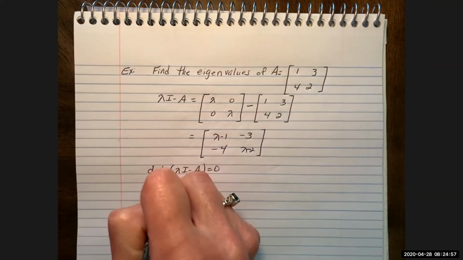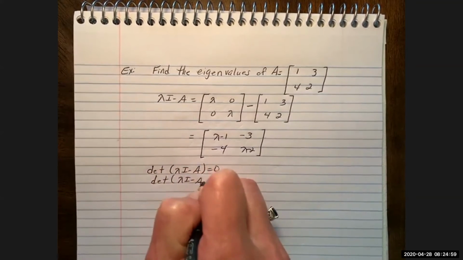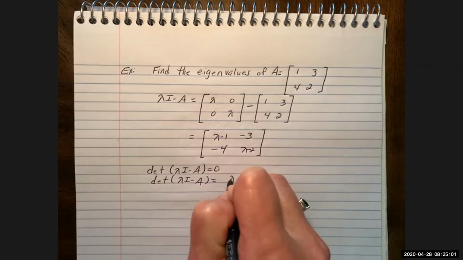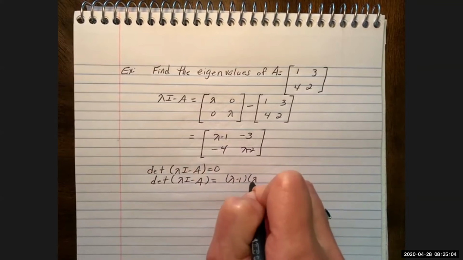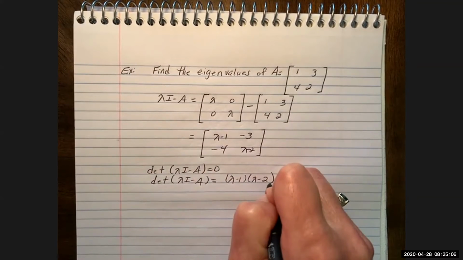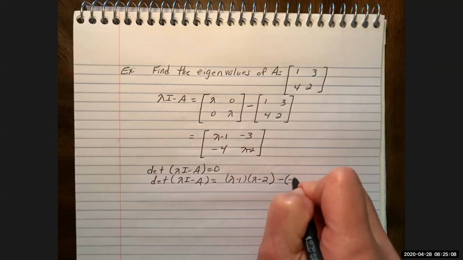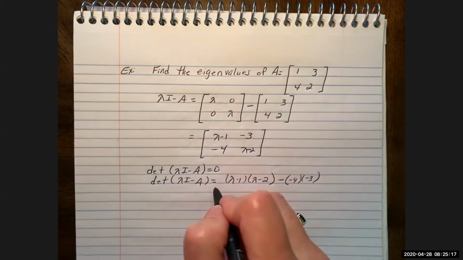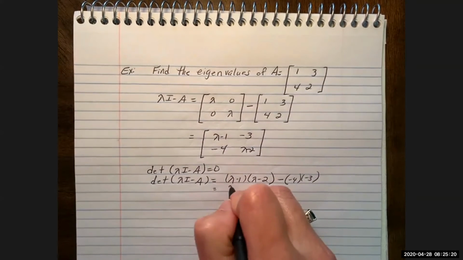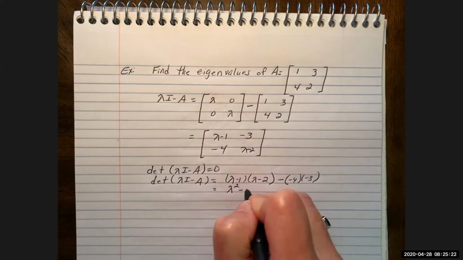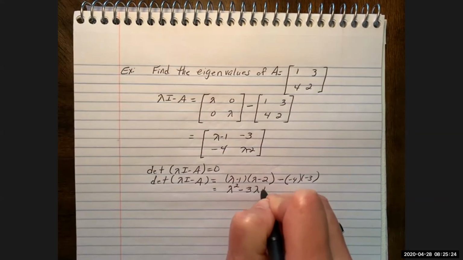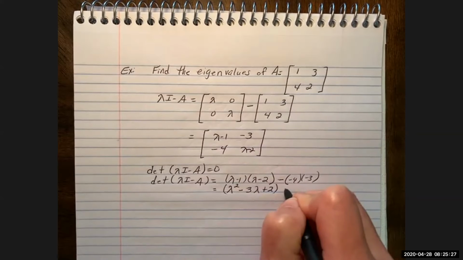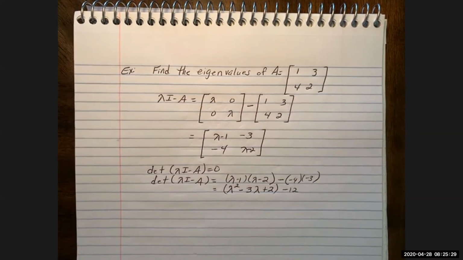So the determinant of our matrix, lambda I minus A, is going to be lambda minus 1 times lambda minus 2, since this is a 2 by 2 matrix, minus negative 4 times negative 3. That's going to be lambda squared minus 3 lambda plus 2 minus 12.